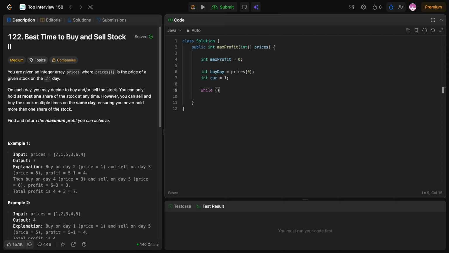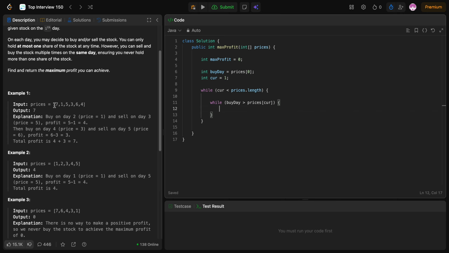While cur is smaller than prices.length, so while the current day is within the size of prices, the number of days, while buyDay is greater than prices[cur].